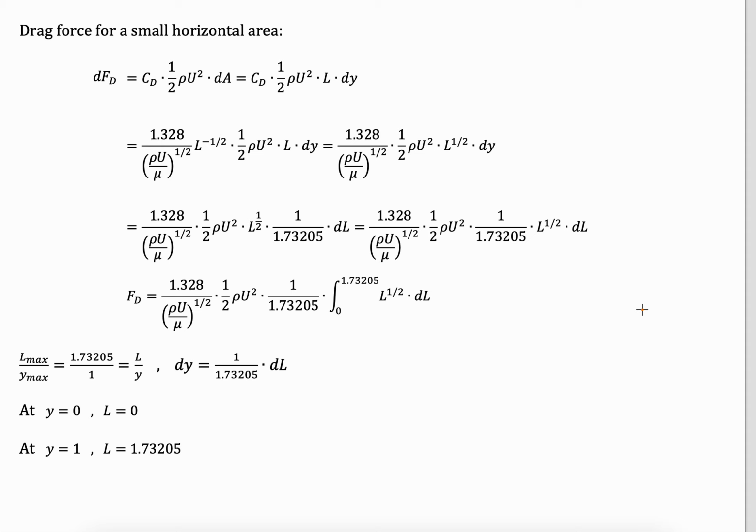So we can calculate the drag force for that particular area. We know the value of CD, and then we can get the value of FD, which is the value for the small area. We substitute everything, and we get this term.